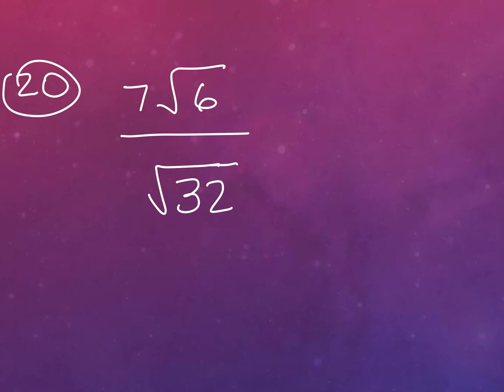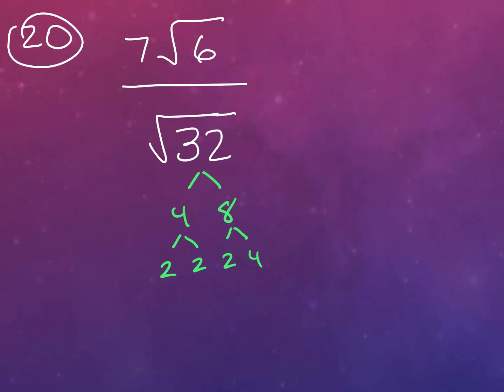So instead of multiplying the top and the bottom by square root 32, I can break this down. So what are 2 factors of 32? 4 and 8. What are 2 factors of 4? 2 and 2. And 2 factors of 8? 2 and 4. And then I can break down the 4 even more into 2 and 2.